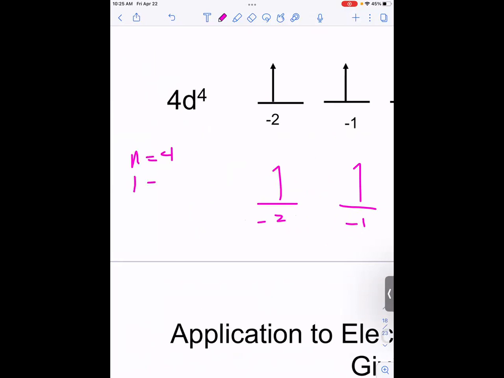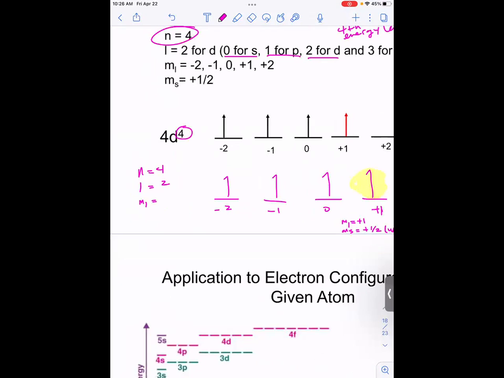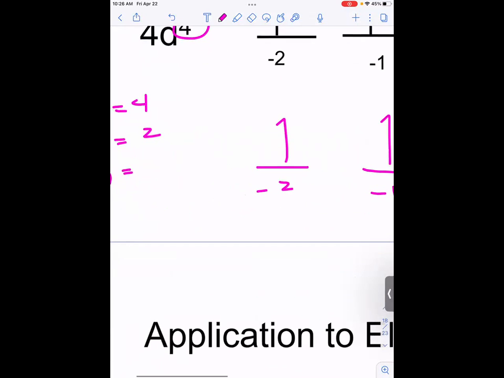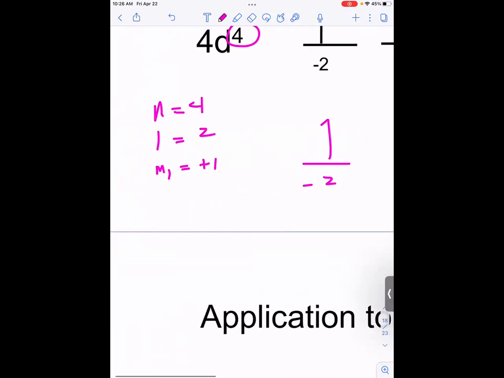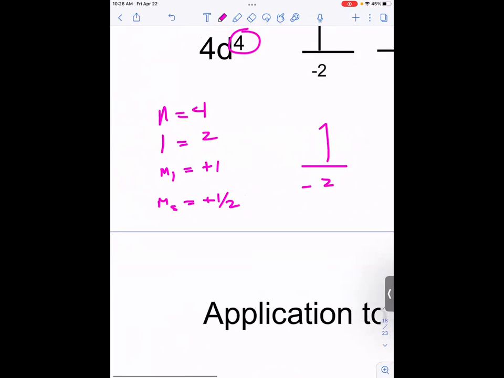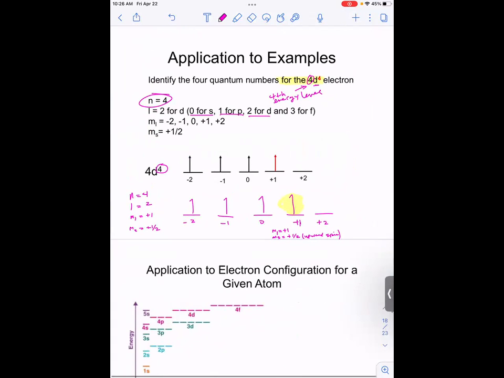We would say that L is 2. And then we would say M sub L for that 4D4 electron. Now, it's the last electron in that series. We'll say that M sub L is +1. And we'll say that M sub S is +1/2. Right? So any given electron, we can figure out the 4 quantum numbers for.